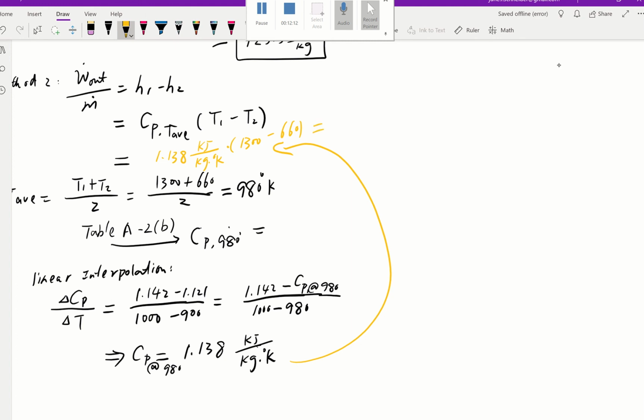That will give us a value of 728.3. This is Kelvin, so it cancels out, leaving kilojoule per kilogram. Work per unit mass. That's what we are solving, right? That's method number 2.